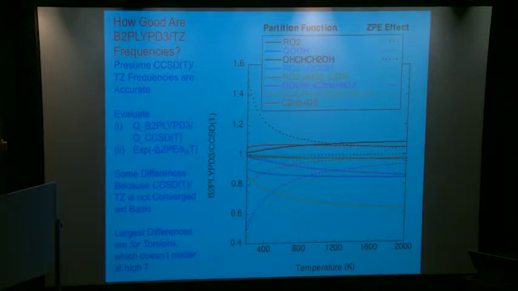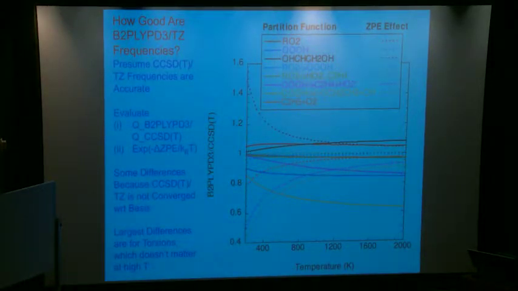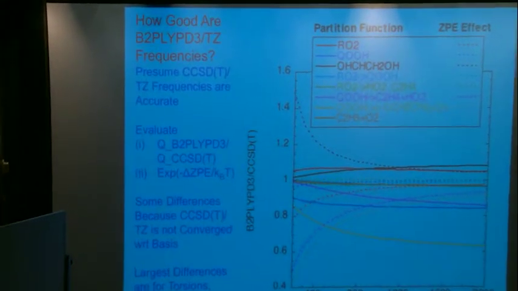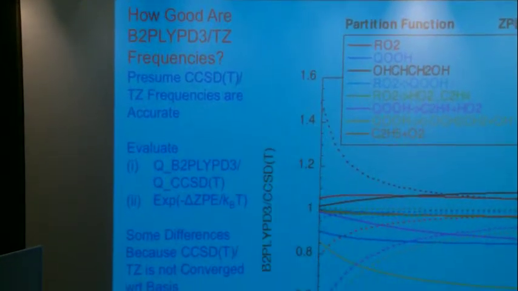And how do we compare frequencies? One simple way to compare them that I sometimes do is just to take the product of the frequencies. At high temperatures, your classical partition function is just the product of frequencies times some prefactor. So qualitatively, you just look at your product of frequencies. A better thing to do is to actually evaluate the rigid rotor harmonic oscillator partition function.